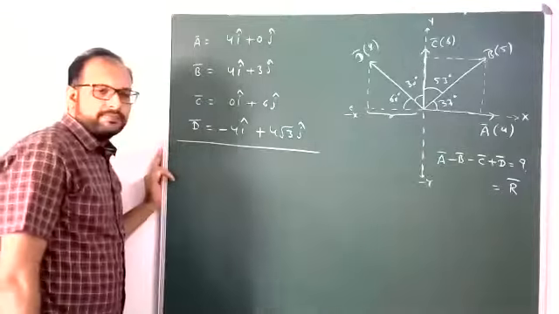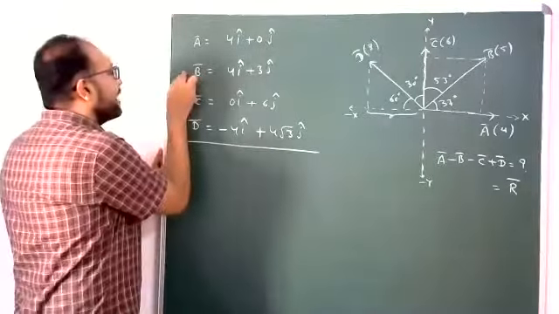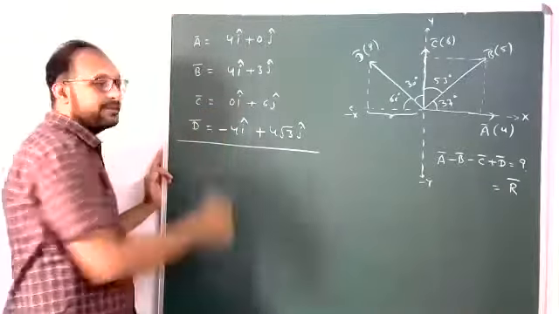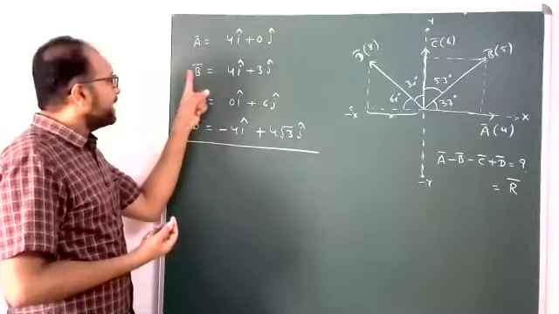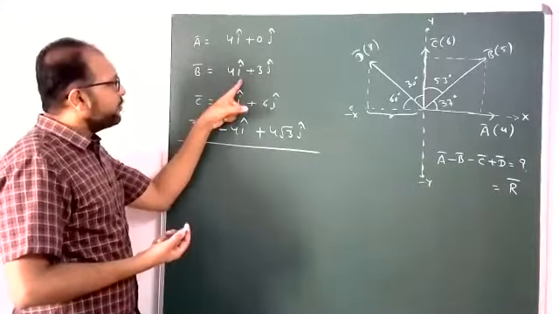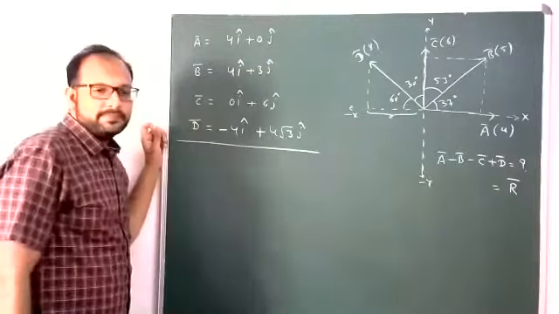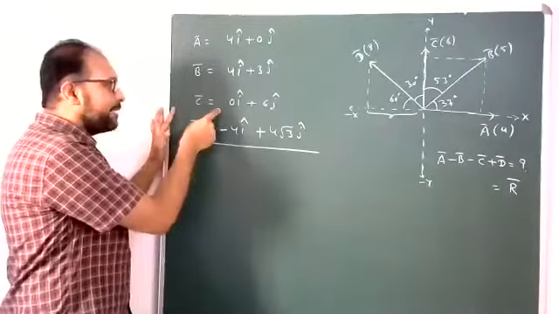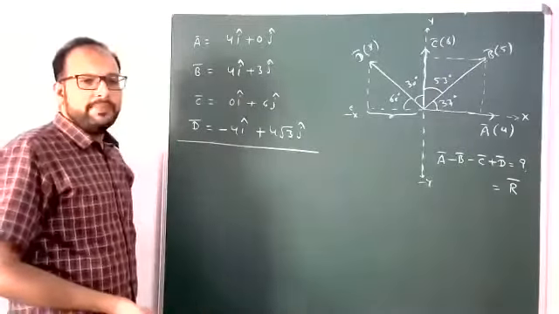Finally, what do you need? A bar minus B bar minus C bar plus D bar. This is B bar, but we need minus B bar. Minus B bar means minus 4 i cap and minus 3 j cap. Again minus C bar: this is C bar, minus C bar means multiply by minus. Again D bar.